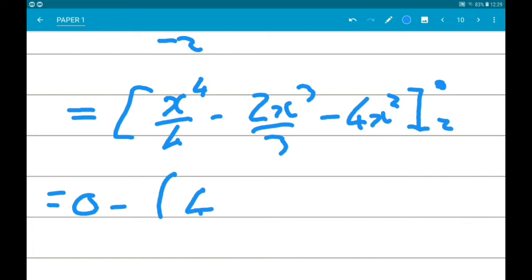And then we have minus 2x cubed over 3. So, minus 2 cubed is minus 8. Oh, sorry, minus 2 times minus 8 is positive 16 thirds. And then we have minus 4 times 4, so minus 16.